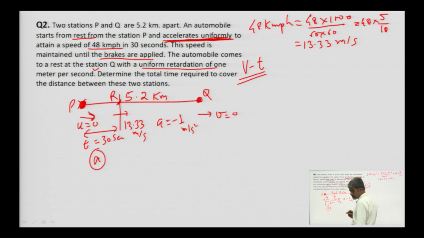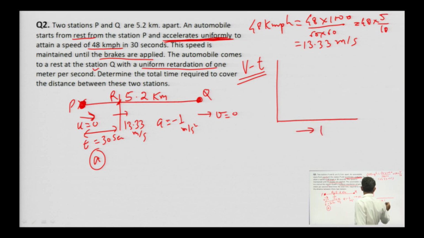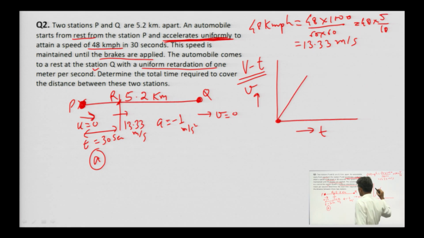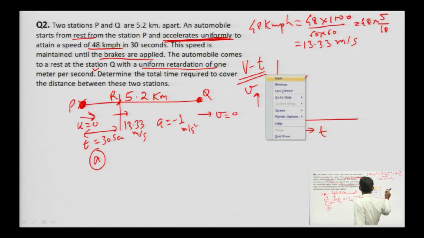Okay. So, let us define here time, here velocity. At time t equal to 0, velocity is 0, and it is uniformly accelerating. So, how much velocity are we getting here? 13.33.